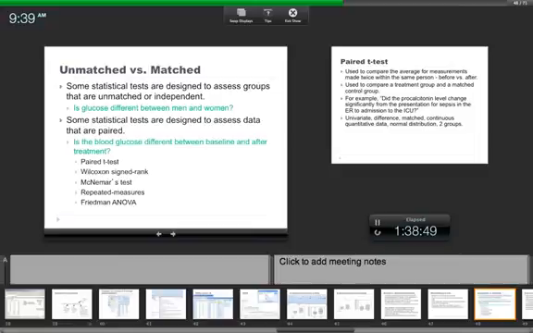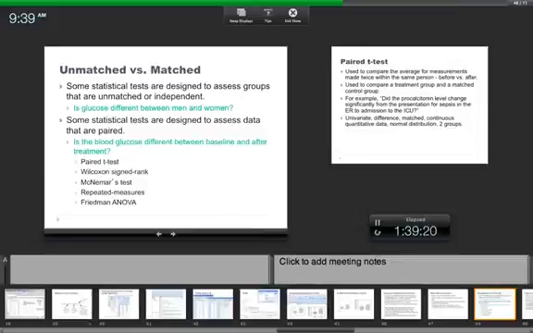Now, whether to pick an unmatched or matched test is another question. Some statistical tests are designed to assess groups that are matched, unmatched, or independent. For example, if we look at the glucose difference between men and women, and each of these glucose readings are from different people, they are completely independent.